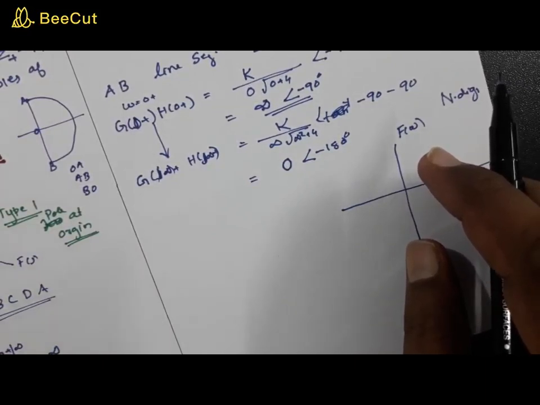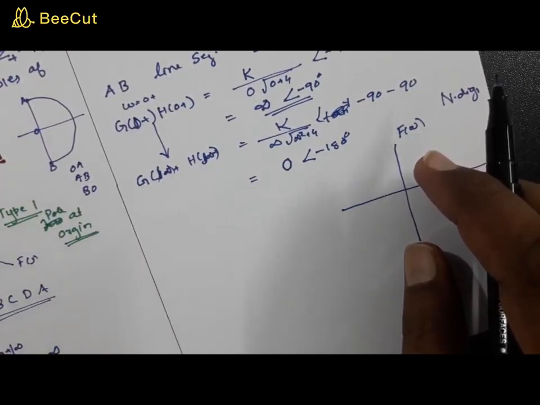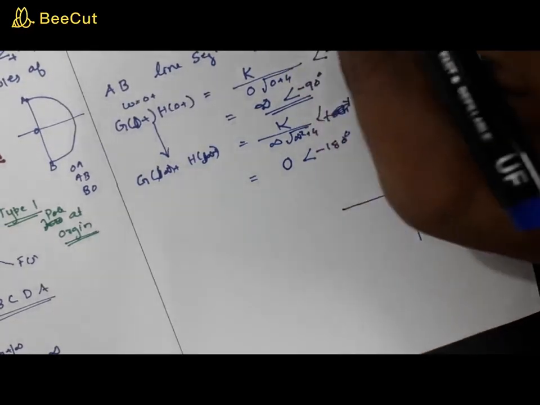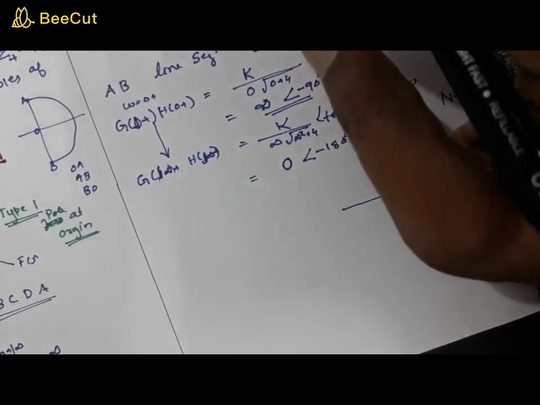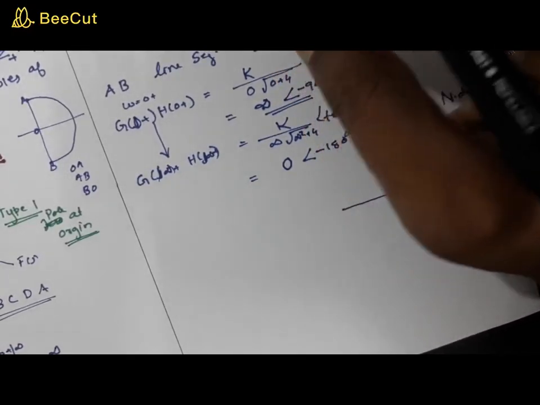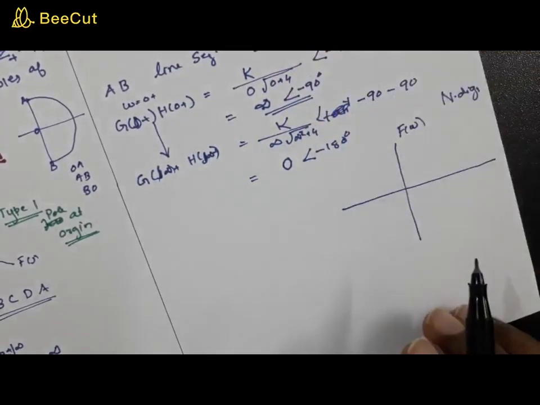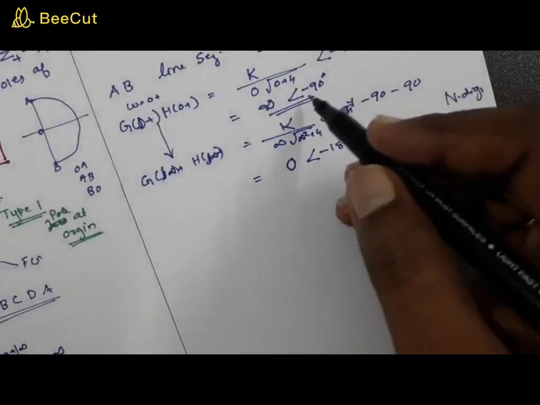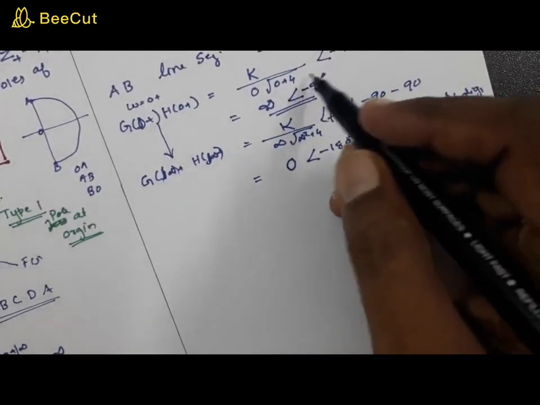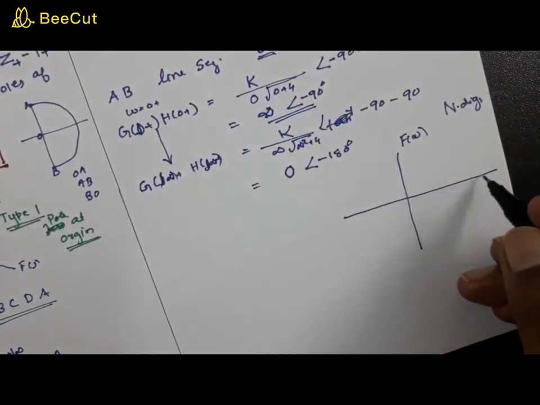In all other problems, even when we did root locus and so on, we always considered the anti-clockwise direction as positive, and clockwise angle has to be taken as negative. Here also, when you plot this, this has to be taken as the clockwise direction. So what is 90 degrees?